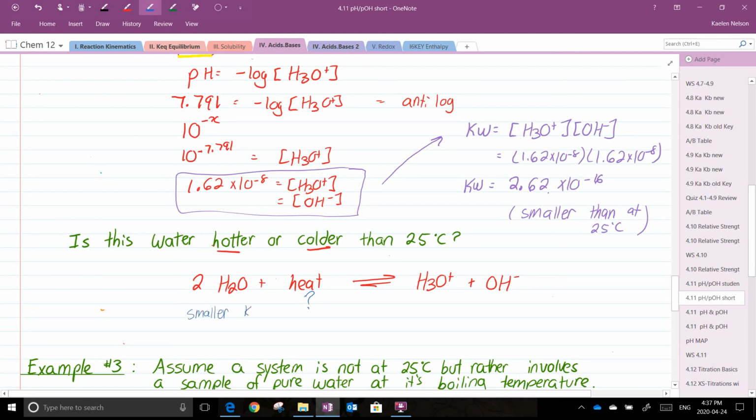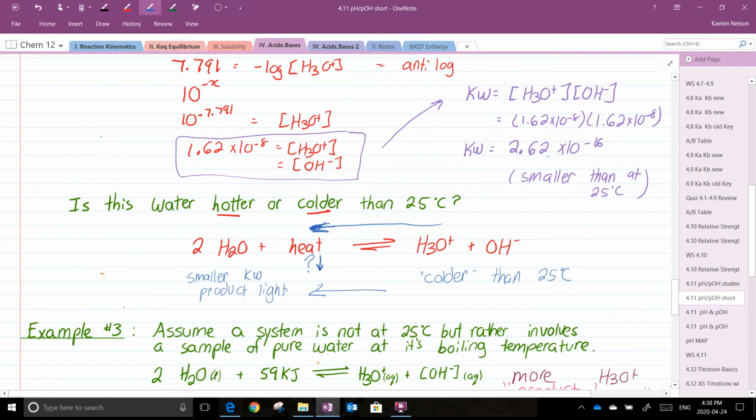I found that out in the previous question, which means I'm getting product light from our previous discussions on equilibrium. So I'm getting product light, I know I'm shifting this way. So if I go back to Le Chatelier's principle, if I'm shifting toward the heat term, it means my heat term was moving downward or it was too cold. So this is colder than 25 degrees.